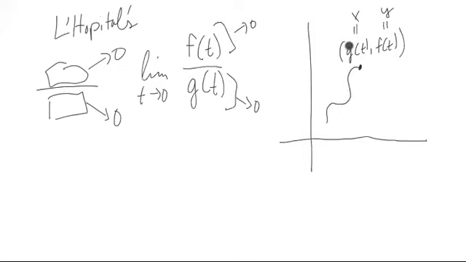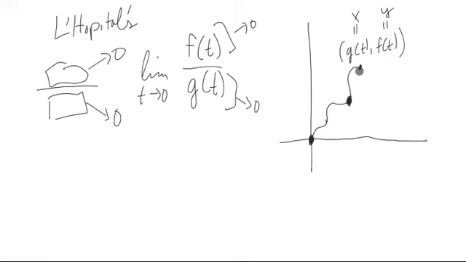And as t approaches 0, like maybe t is at some value here, but as t approaches 0, this curve is going to head toward the origin. See why? It's because this coordinate is going to 0 and that coordinate is going to 0. Okay, so let's think a little bit about this for a minute. Now, this fraction right here is kind of like a y value over an x value.